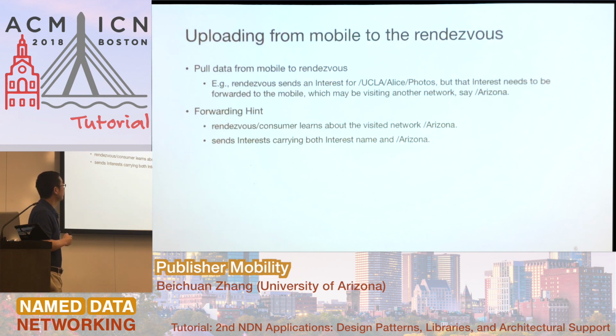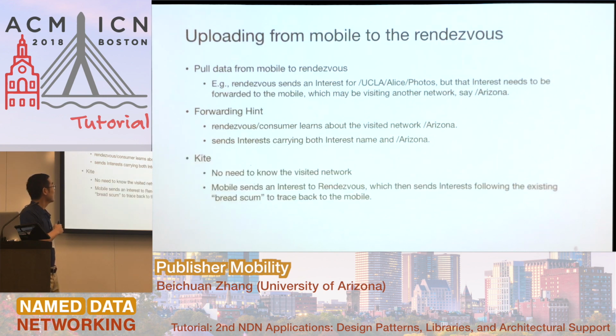We have two solutions we're working on. The first one is called a forwarding hint, and the second one is called a kite. The idea of forwarding hint is for the rendezvous to learn not where the mobile is, but the name prefix that the mobile currently resides in.